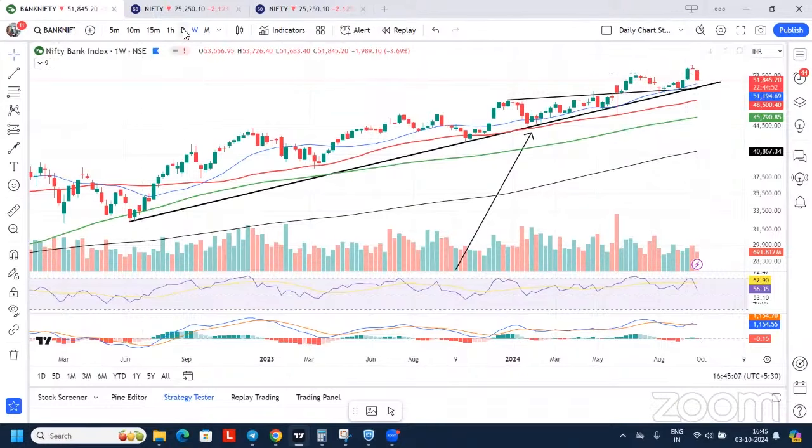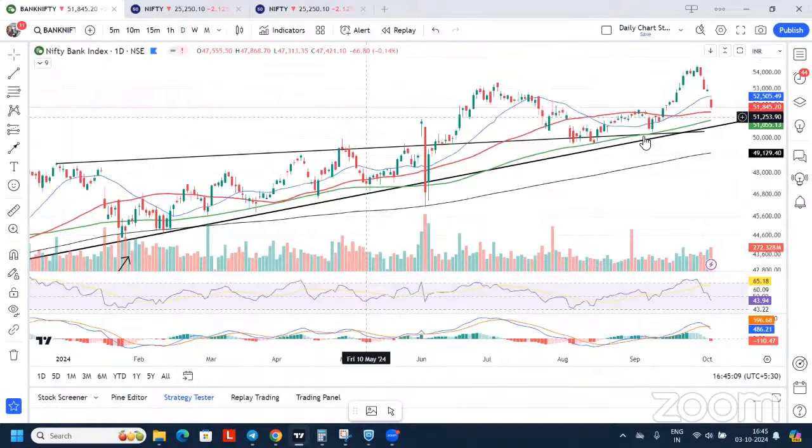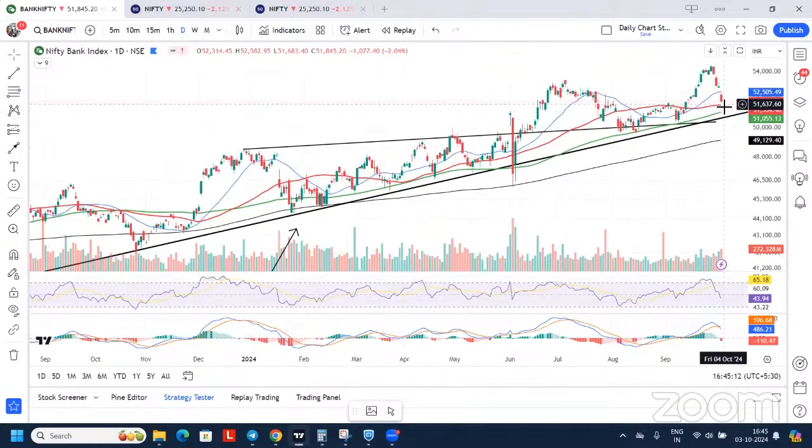On the daily chart, the 50 DMA is currently at the same level, near the breakout level of 51,800, where the index gave a breakout and a very good rally to a new high. But right now it's holding that level, the 50 DMA as well as 51,800.